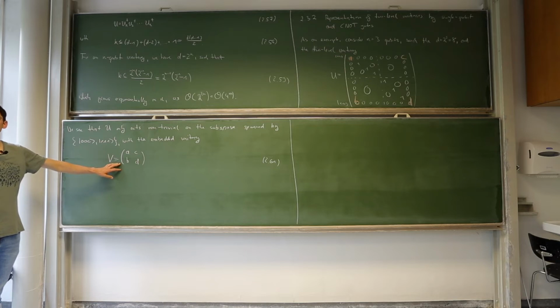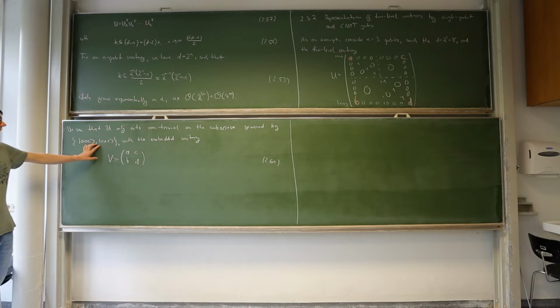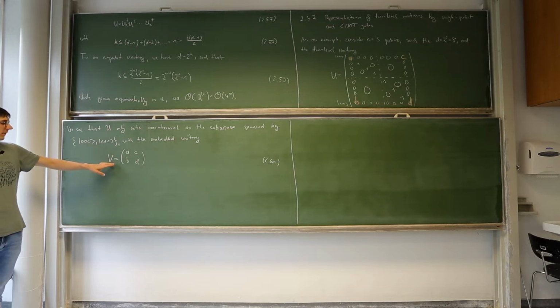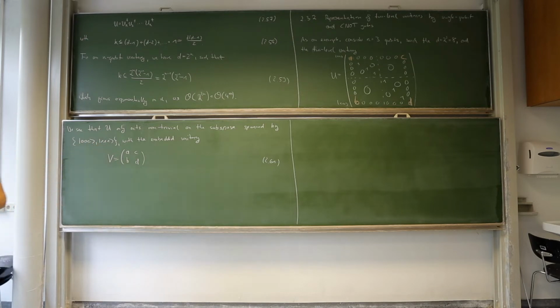So our aim is now to take this subspace, transform this into a subspace such that we can act with a single-qubit unitary V, and then transform back into this subspace spanned by 0, 0, 0 and 1, 1, 1. And if we do this transformation, then we can implement this unitary.